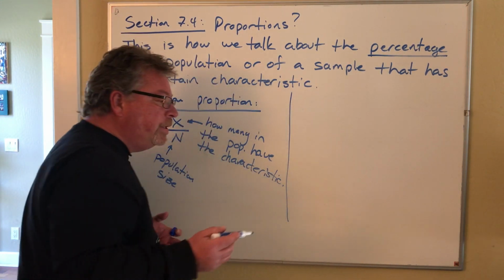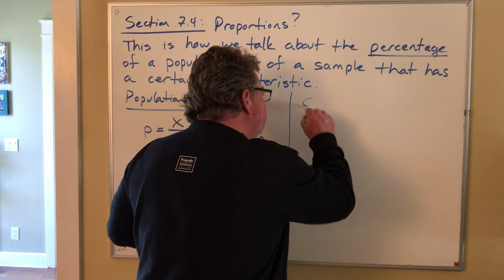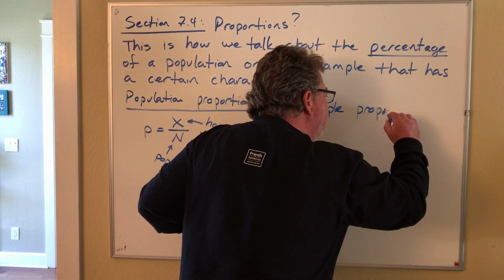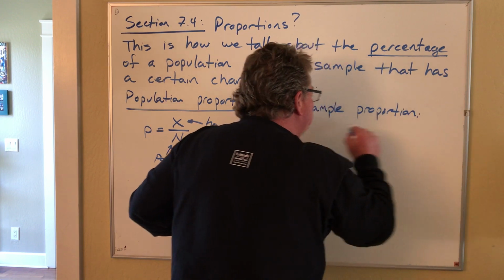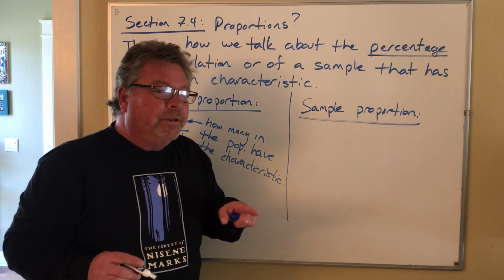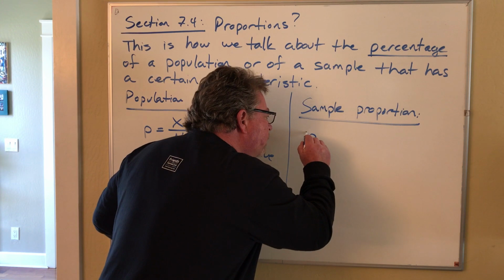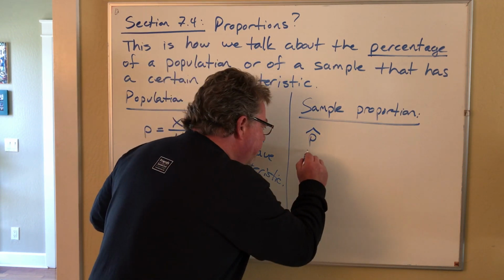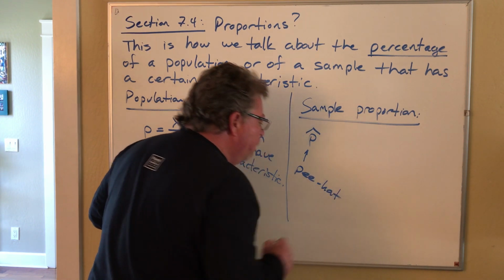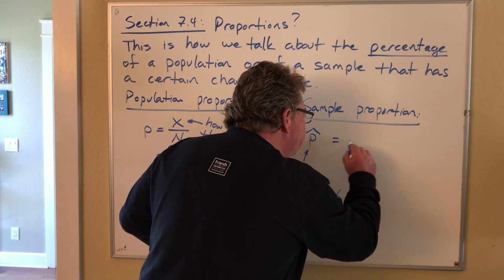Okay, so if we're working with a sample, then we would be talking about the sample proportion. And as you'll see, the calculation is exactly the same, but the notation is different. And the notation is kind of fun here. So we still use a lowercase p, but we put a hat on it. And so this is pronounced p hat, which can conjure up some interesting images, but the calculation is exactly the same.